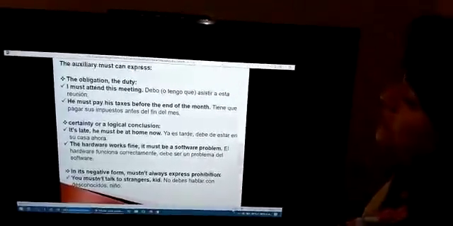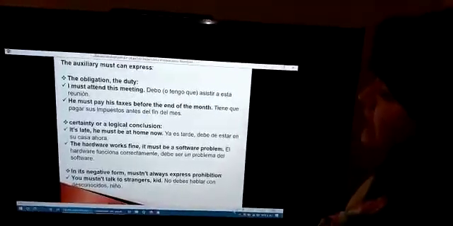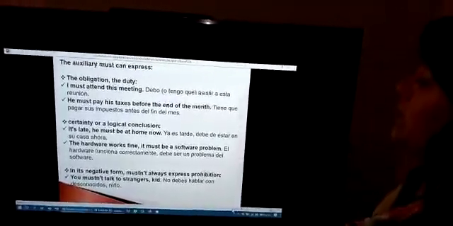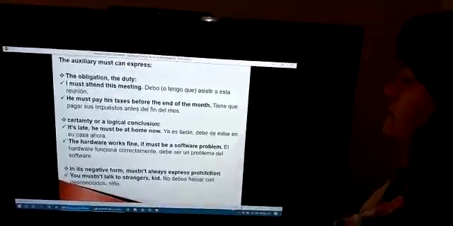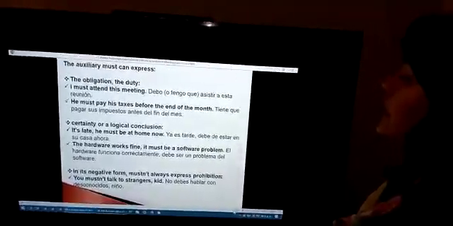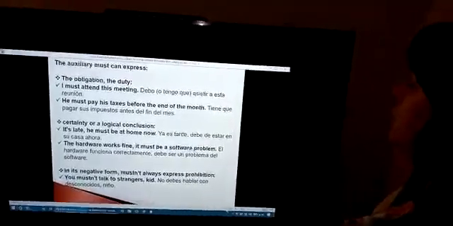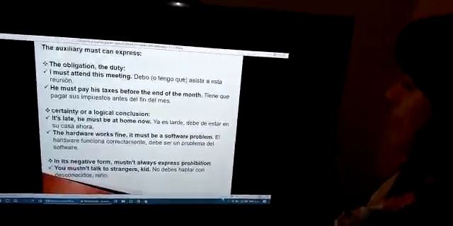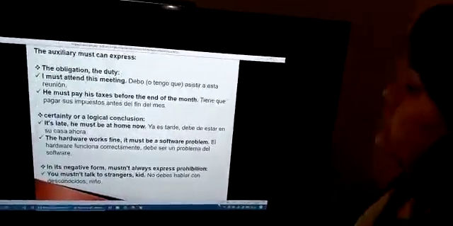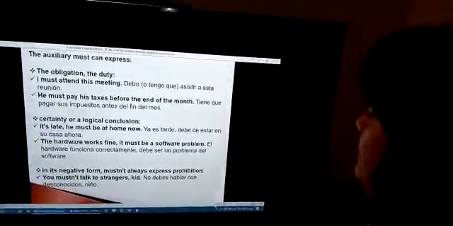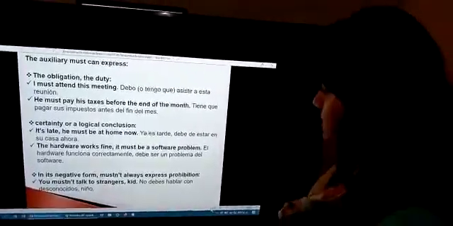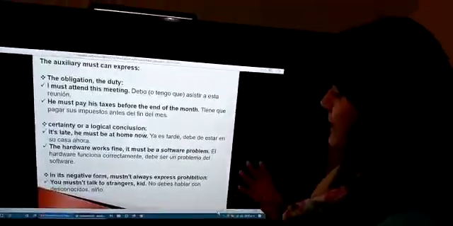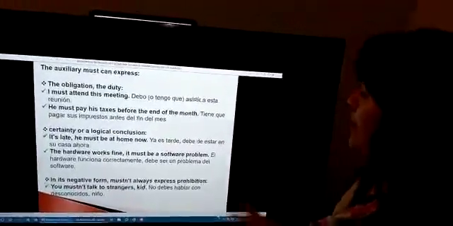Next example in English: the hardware works fine. It must be a software problem. In Spanish: el hardware funciona correctamente. Debe ser un problema de software.